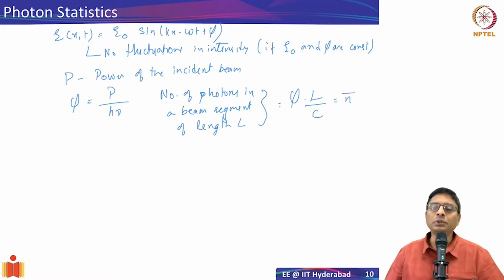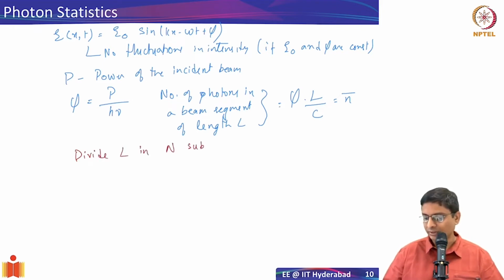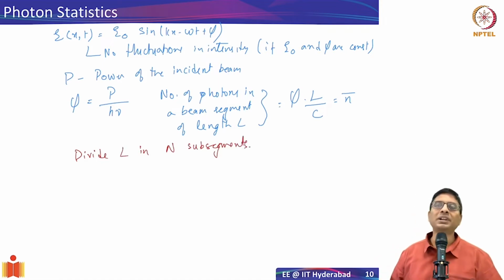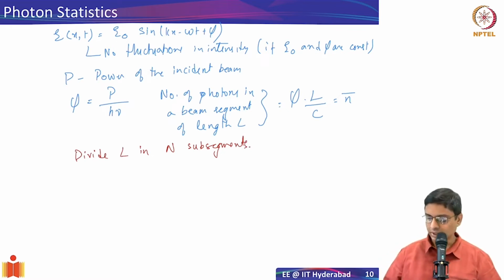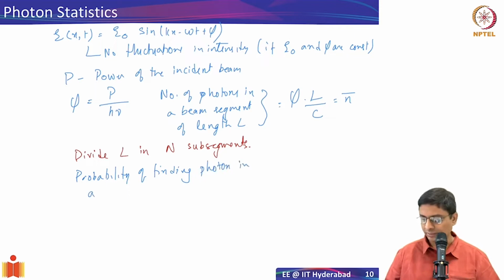Now, if you divide L into n subsegments, what is the probability of finding a photon in a particular segment?